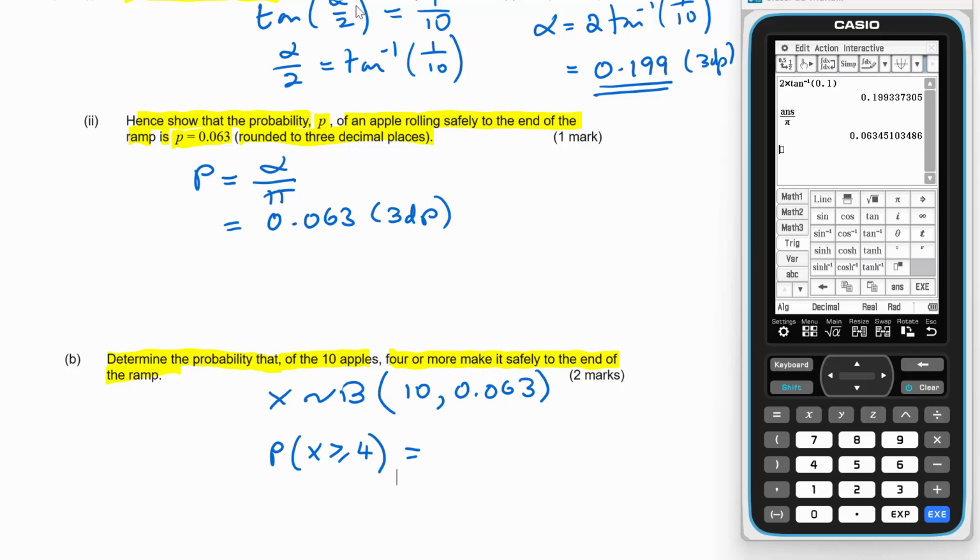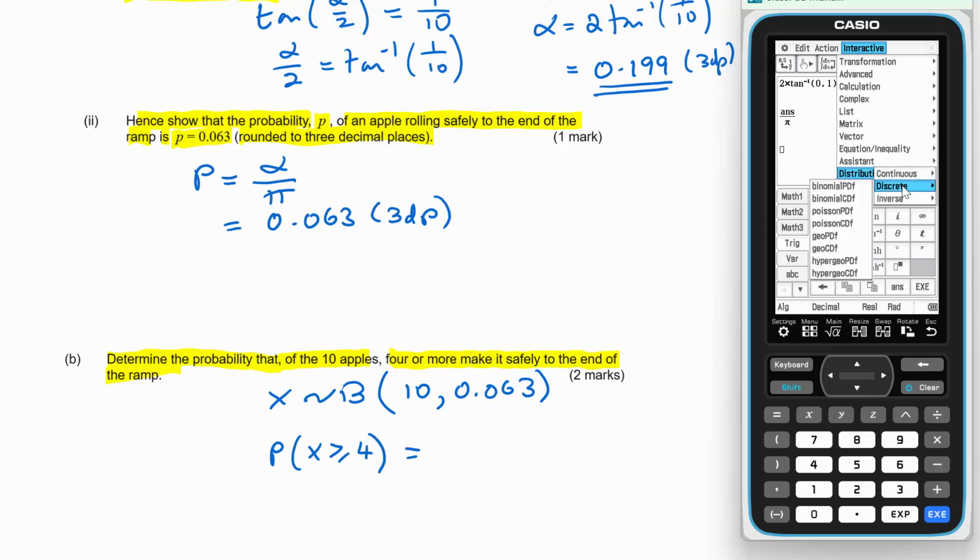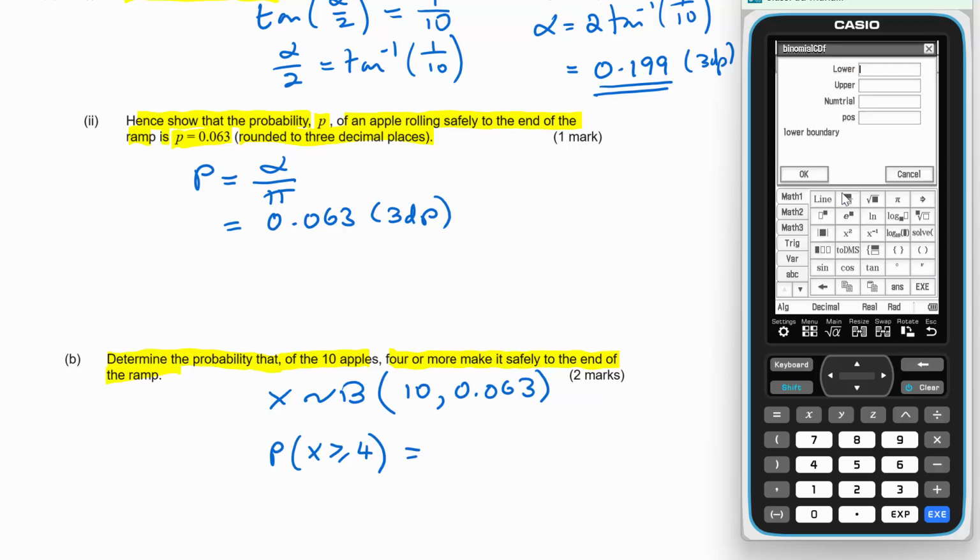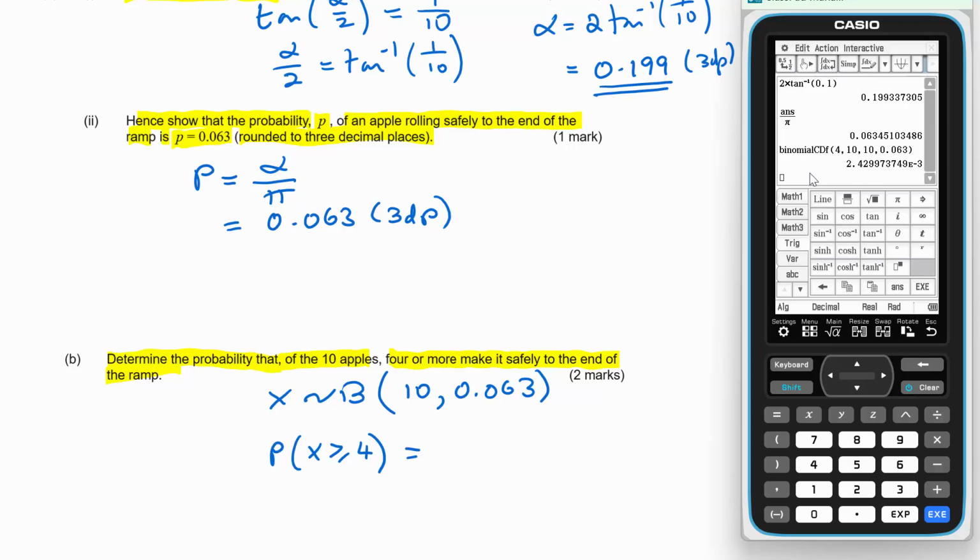And we can do this on the calculator. I know you've done this sort of thing loads of times, and I haven't always done this as we've been going through these videos, but let's do it this time. So binomial CDF, from 4 up to 10 with 10 trials, 10 apples dropped, and 0.063, and that gives me 0.0024.